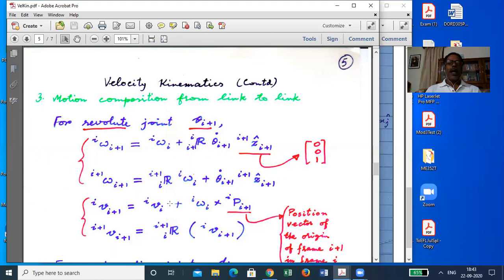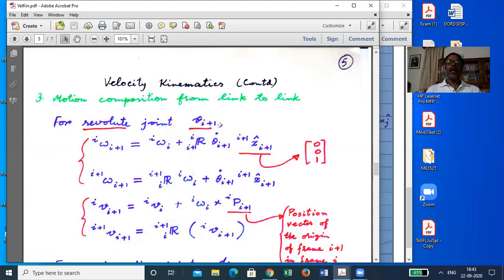And when you multiply this whole thing with this matrix, then that same expression you get in the next basis. All this is for a revolute joint at joint I plus 1.